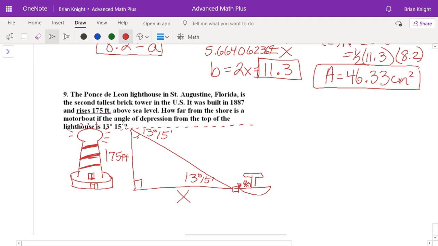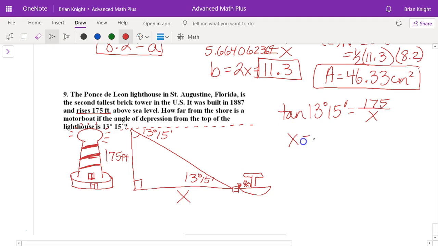We have the opposite side, and we're looking for the adjacent side. So what trig? We're doing tan. Tangent of 13 degrees, 15 minutes. I keep doing the minute sign as a degree sign. 15 minutes equals opposite, 175 feet, over x. What can I do with x and the tangent? I can just switch them.